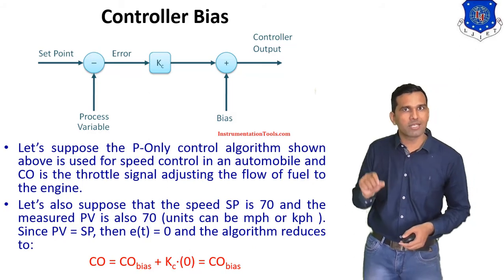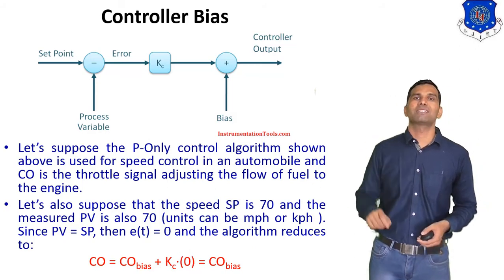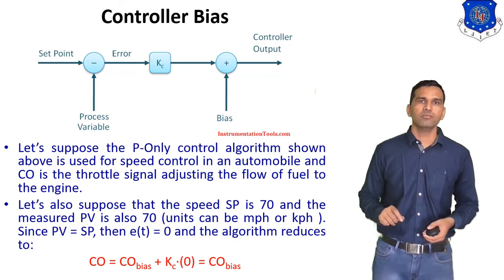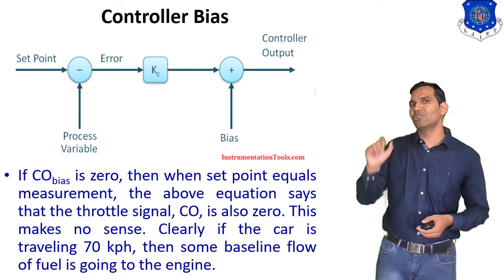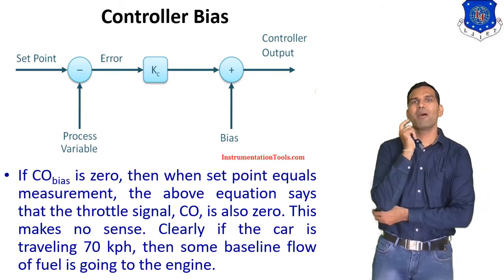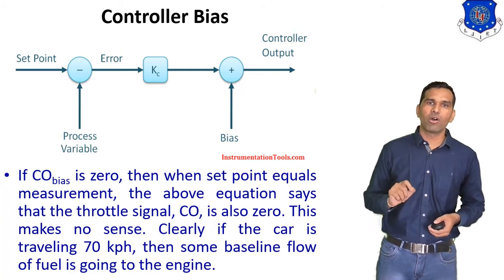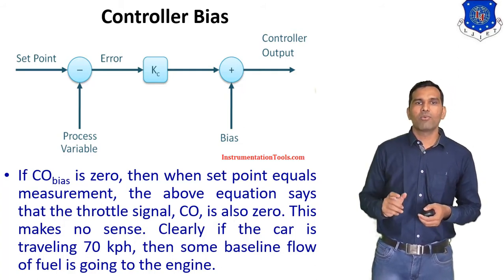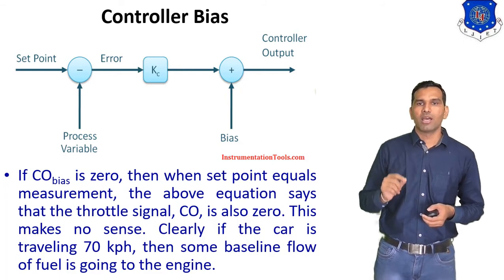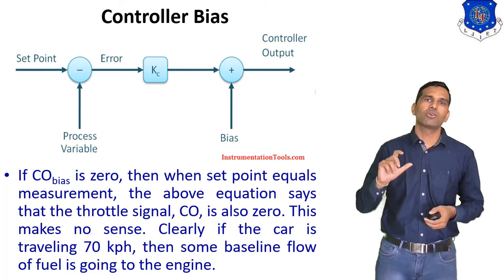Now here we understand the importance of CO bias. Why do we require a bias signal here? If CO bias is also 0, what happens in this case? With CO bias 0 and set point equal to measurement, the above equation says that the total controller output is also 0.